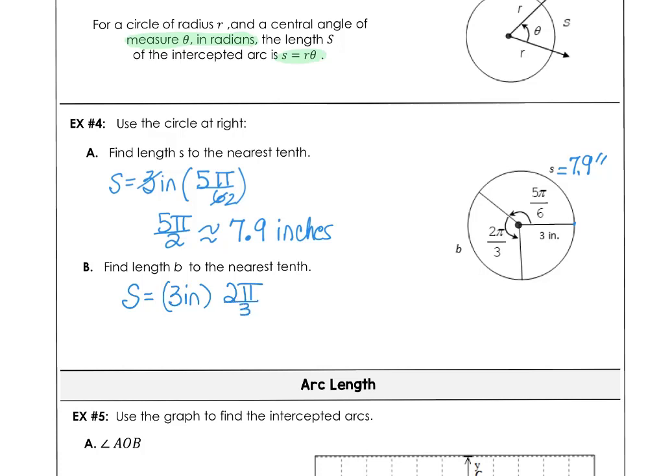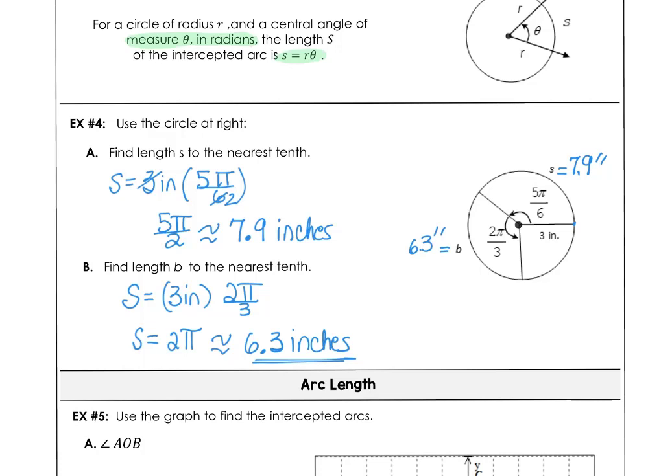So the 3 divides out, that's 2 pi radians, but to the nearest tenth, that's 6.28. So to the nearest tenth, the intercepted arc for B is 6 3/10 of an inch. So B is about 6.3 inches.